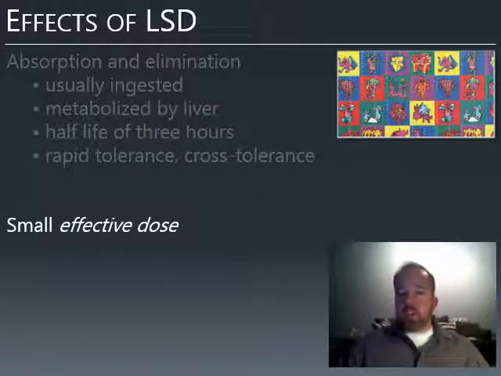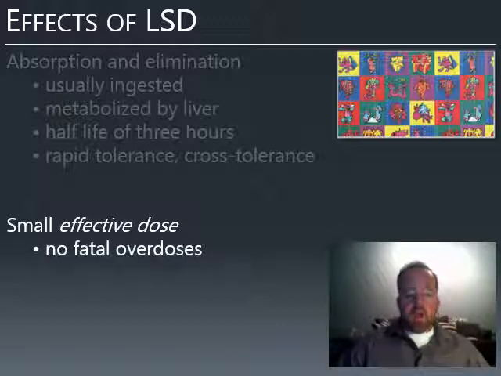As I mentioned, LSD has a very small effective dose. Usually, if you have a small effective dose, it means that it's easy to make a mistake and take a fatal or harmful overdose. But actually, there have been no recorded fatal overdoses on LSD in humans. It has been shown in mice, but the amount of LSD required to kill the mouse is about 400 times the effective dose.